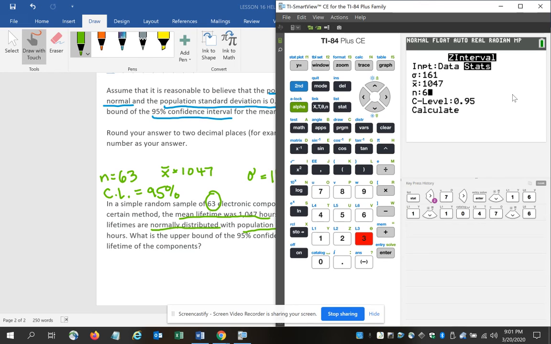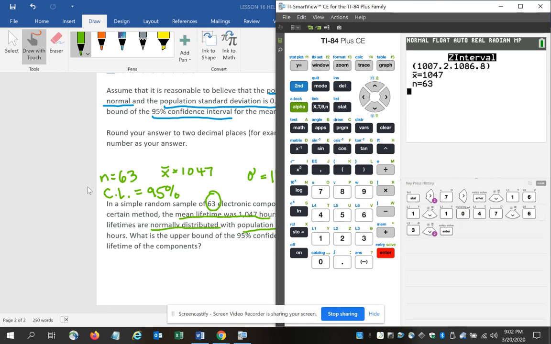We had 63 in our sample, and we're doing a 95% confidence level. Okay, so this time I have to highlight the word stats because I've given all the information. I don't have the raw data. So I enter all of the information that's given in the problem, highlight the word calculate, press enter.